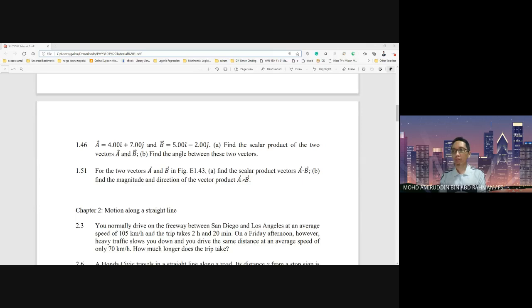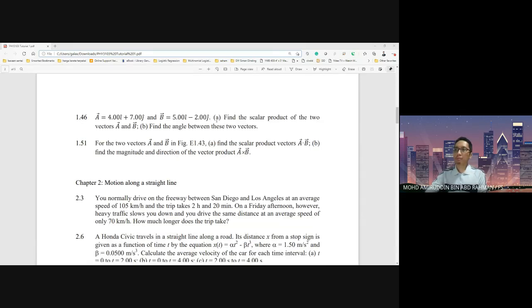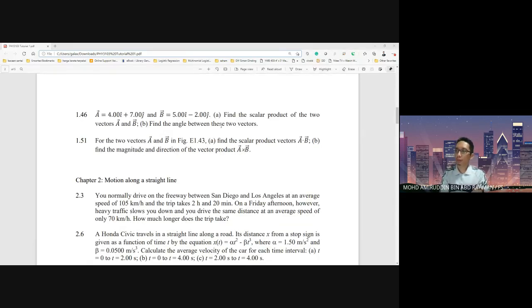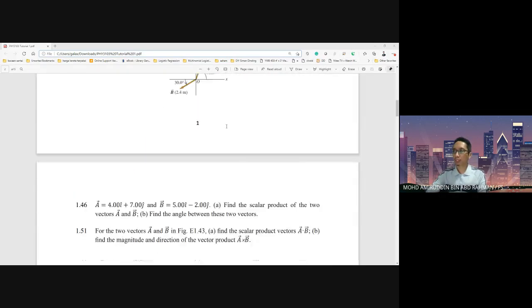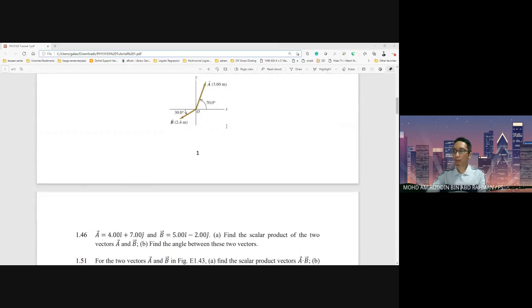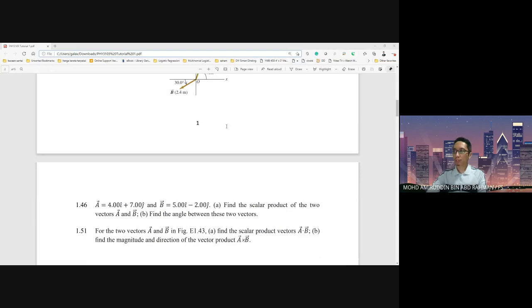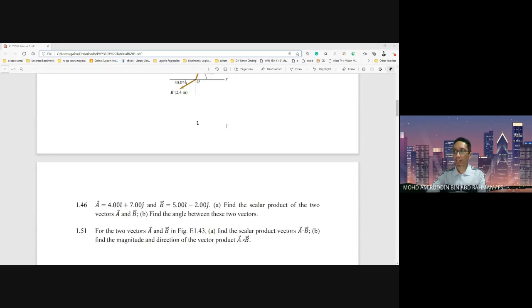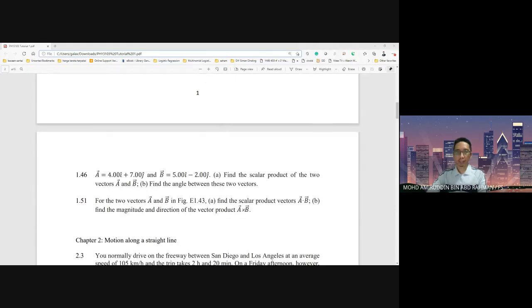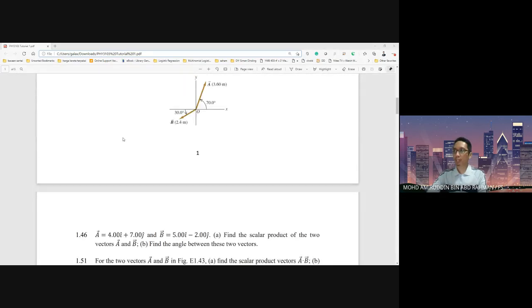And for the last one, 1.51, you need to consider back figure 1.43. We are finding the scalar product A dot B, which equals AB cos phi. What is the phi?